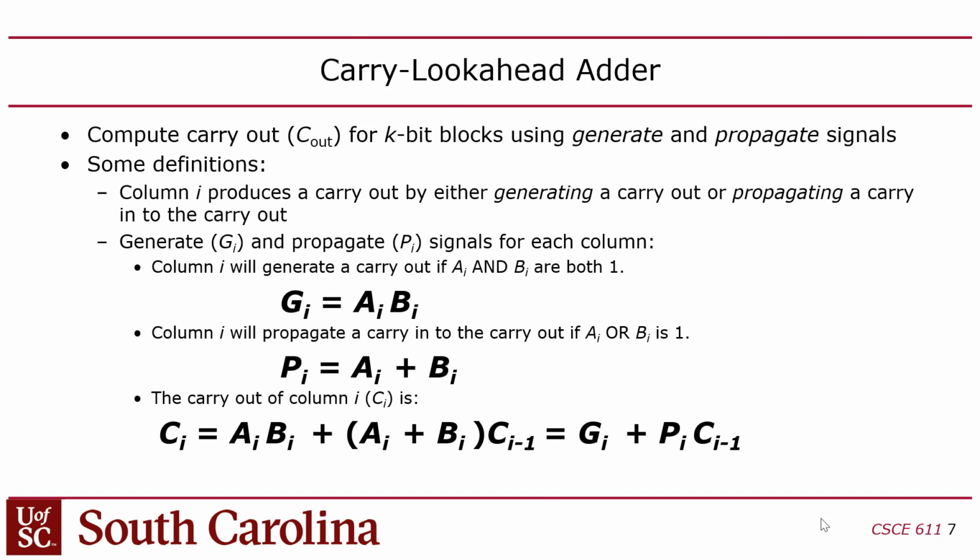Well, there are various ways to do that. One way is to use a carry look-ahead adder. The idea with this is you don't want to have to propagate signals all the way through all these full adders. You want to short circuit it and be able to calculate carry-ins faster.